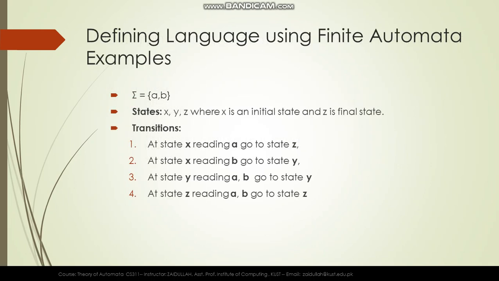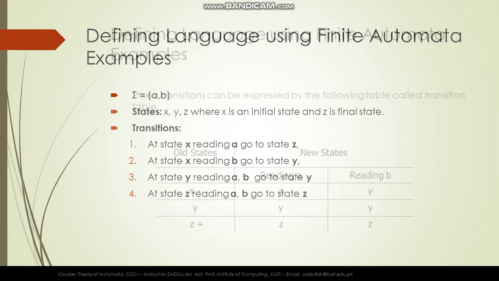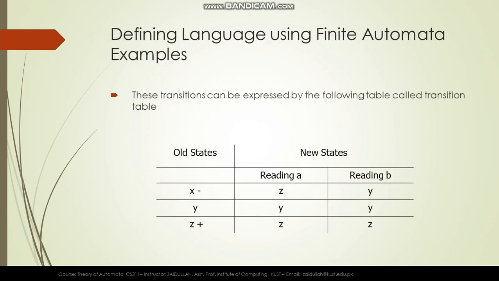Let we have the following finite automata. Sigma is equal to {a, b}. Its states are x, y, z, where x is initial state and z is final state. Its transitions are also given. So the transitions can be represented using a table where there are old states and new states, and there are two columns for reading different characters.